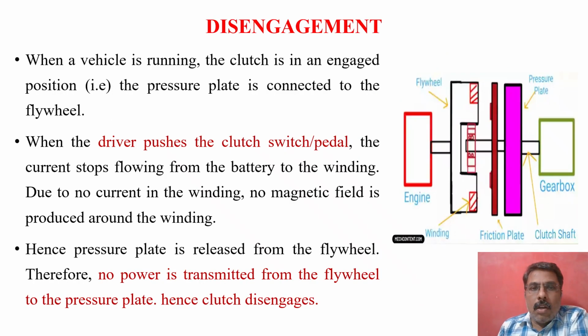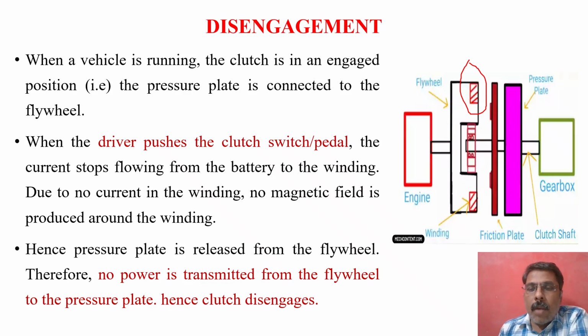Whereas when the driver pushes the clutch pedal, the current stops flowing from the battery to the winding. So automatically the magnetic field is cut off, because the magnetic field is always generated by supplying power from the battery. Once the pedal is pressed, no power is sent to the winding coil placed in the flywheel. So no magnetic field is generated.